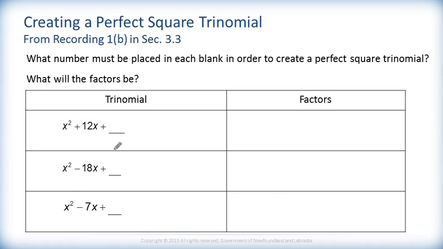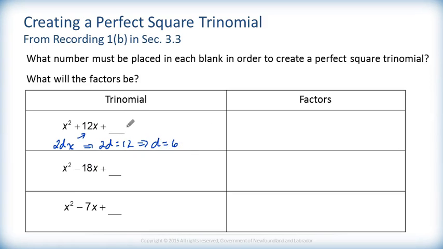Now, to create our own perfect square trinomial, we took the second term here, for example, and had to figure out what the value of d was. So 2d equals 12, which means d equals 6.